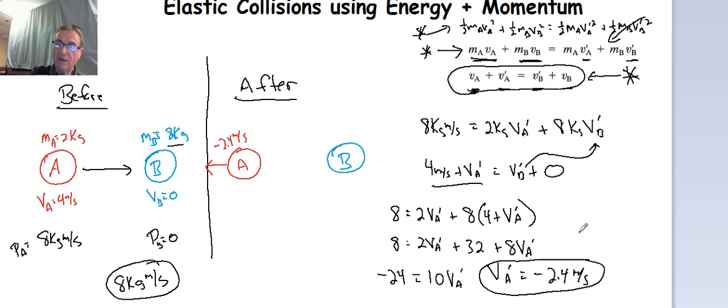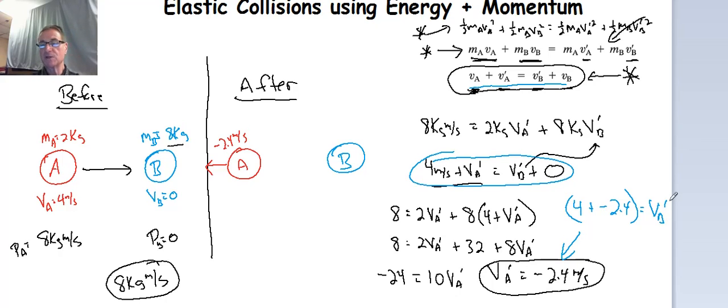Since I know what Va prime is now, and I have this equation up here, I can just plug things in to get Vb prime. In fact, I've got an even easier equation over here: 4 plus Va prime equals Vb prime. So 4 meters per second plus Va prime, which is negative 2.4 meters per second, is equal to Vb prime.